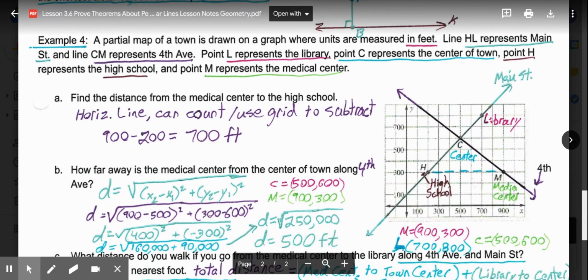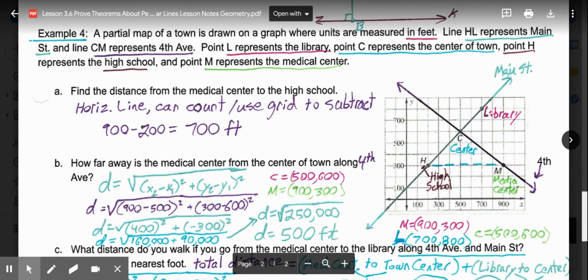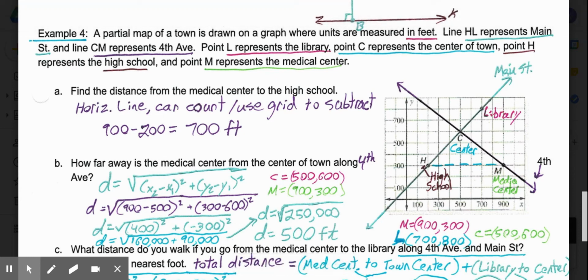In part B, it asks how far away is the medical center from the town center, or center of town, along 4th Avenue. So the medical center and the town center, how far away are those? So now we have 2 points along a line, and the most efficient way that we know of at this time to find that distance is to use the distance formula.